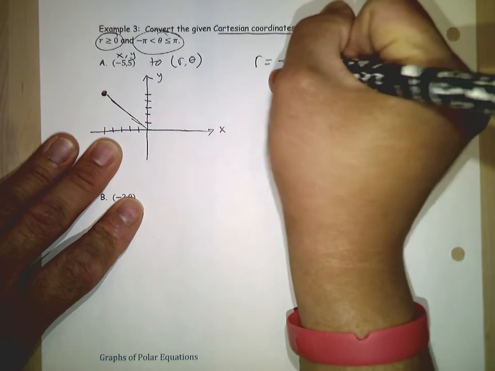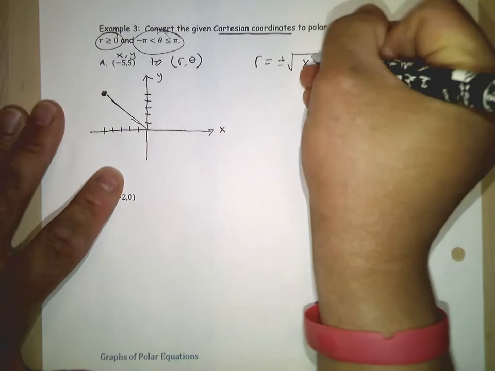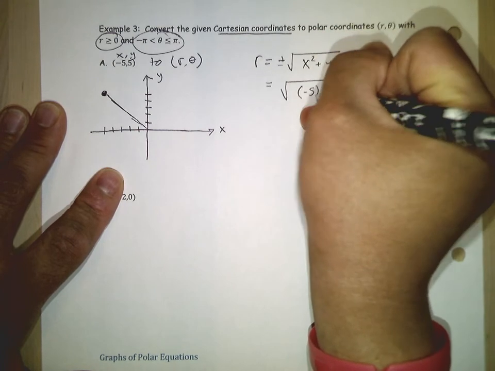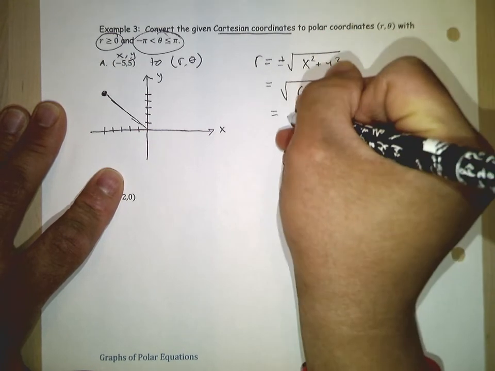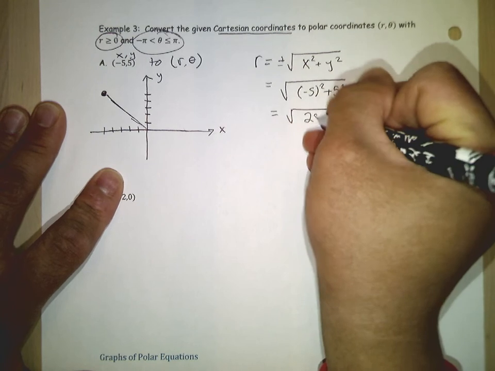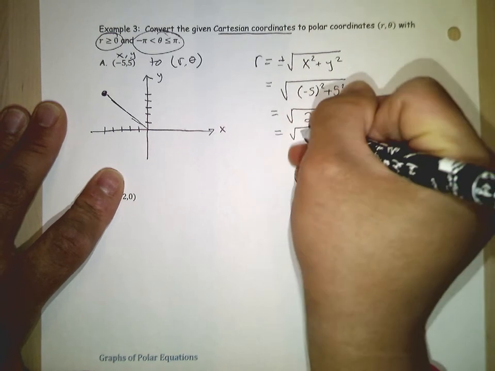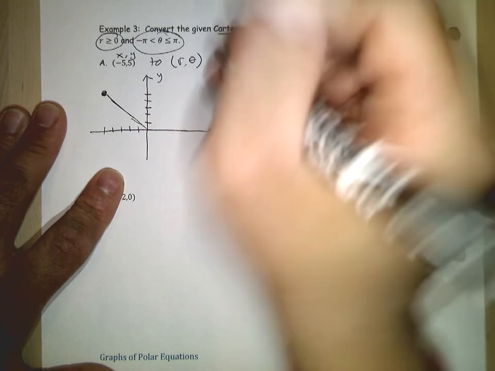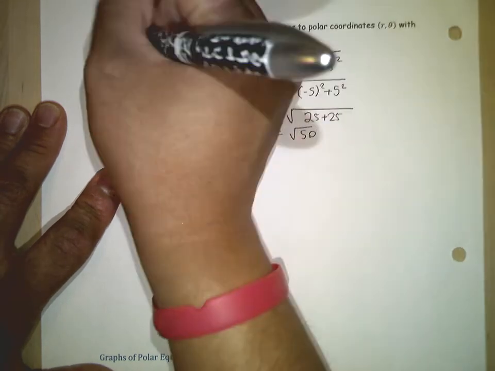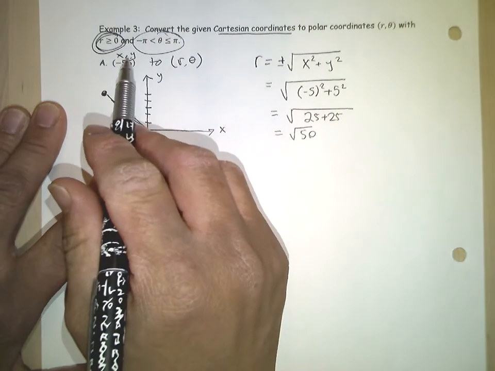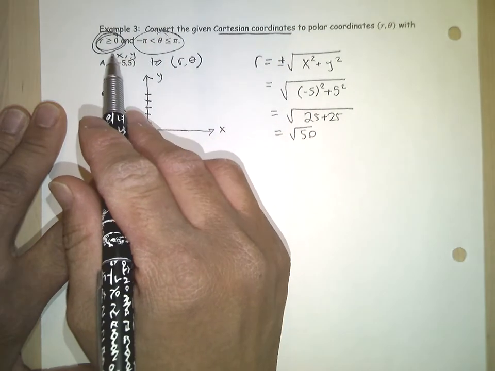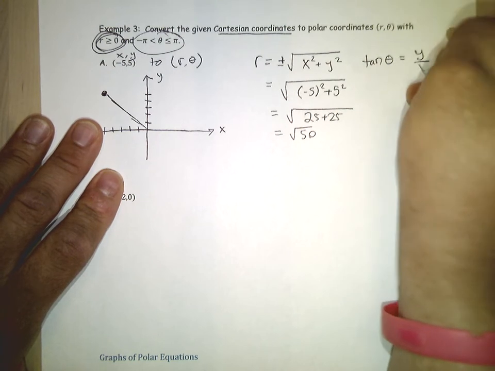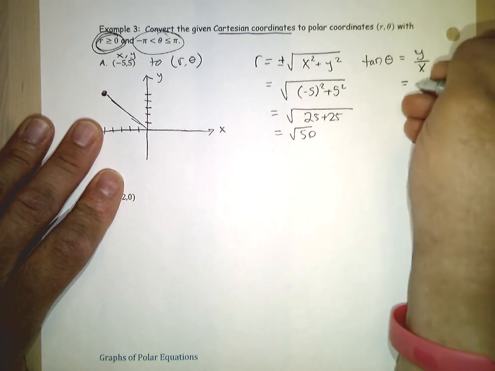So r was equal to plus or minus the square root of x squared plus y squared, and that's the square root of negative 5 squared plus 5 squared, and then that's actually 25 plus 25, or 50, under the square root. So remember, it needs to be positive and not negative because we said r must be greater than or equal to 0.